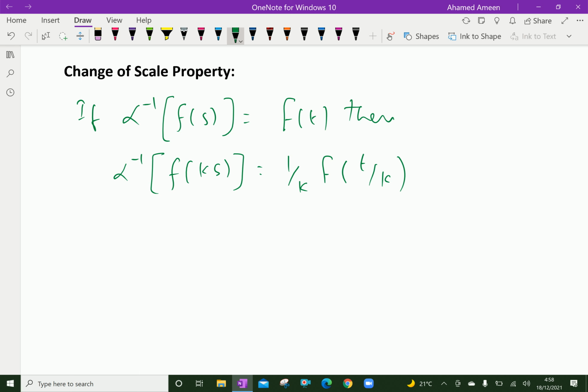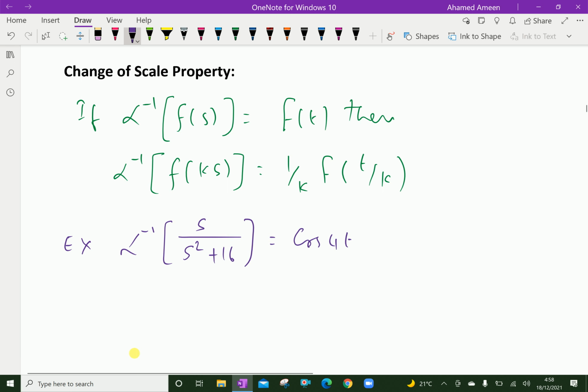Now, for example, you can use it. The inverse Laplace transform of s over s square plus 16 is equal to cos 4t by using the formula.